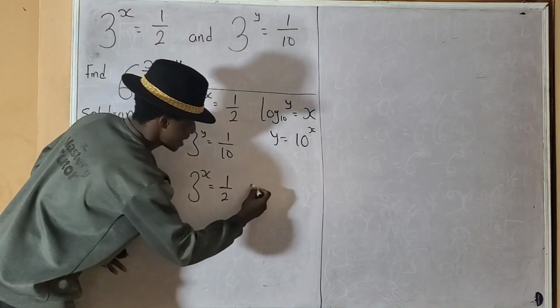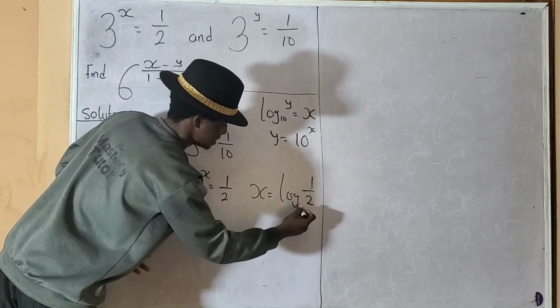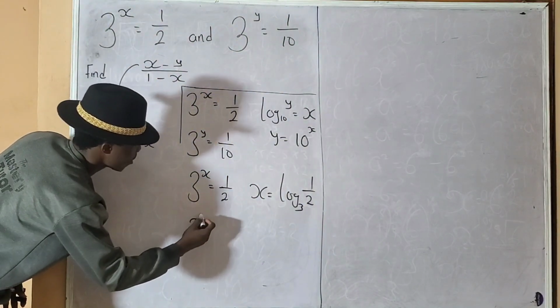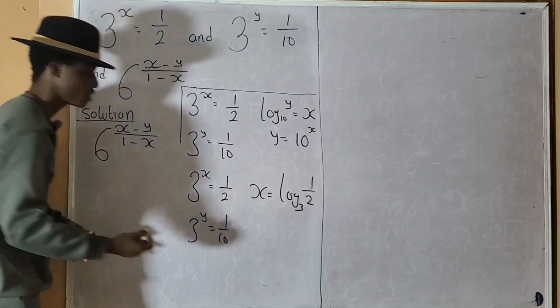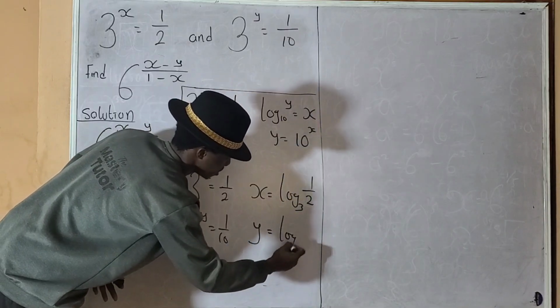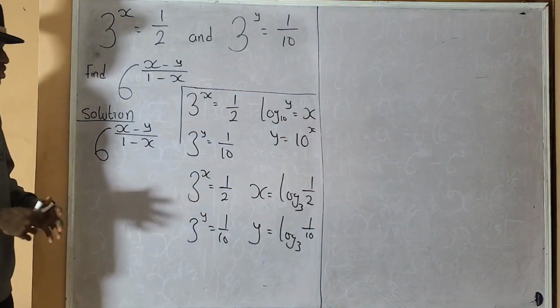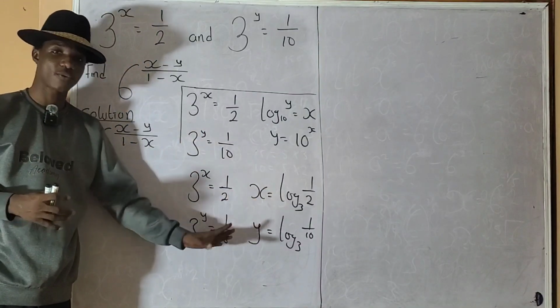You're going to have x equals log 1 over 2 base 3, right? Also, 3 raised to the power of y equals 1 over 10 in logarithmic form gives y equals log 1 over 10 base 3. So we have changed both of them to logarithmic form now.